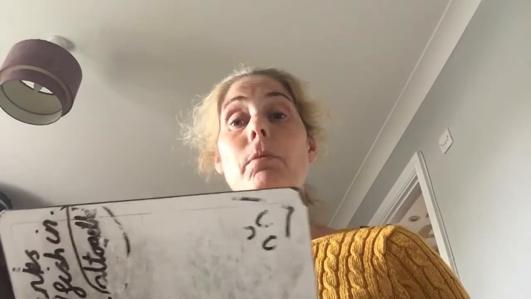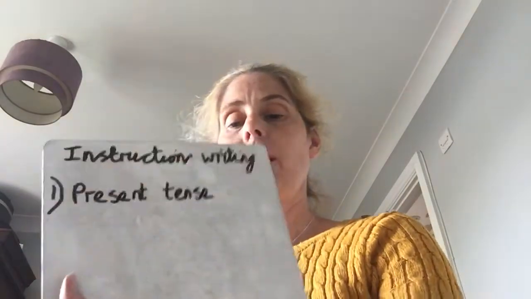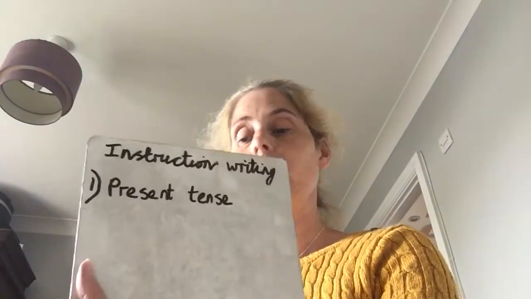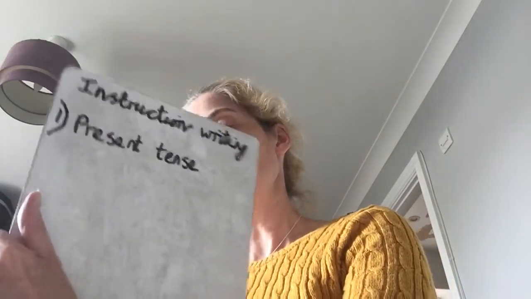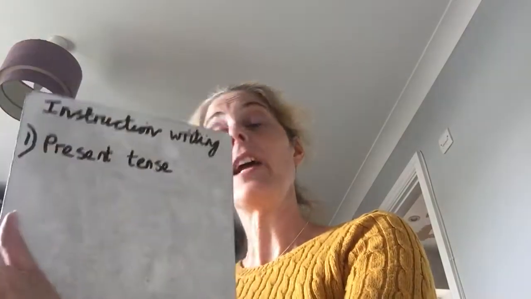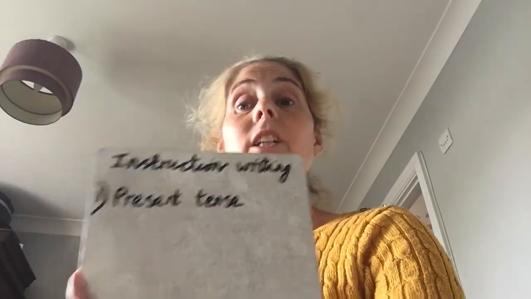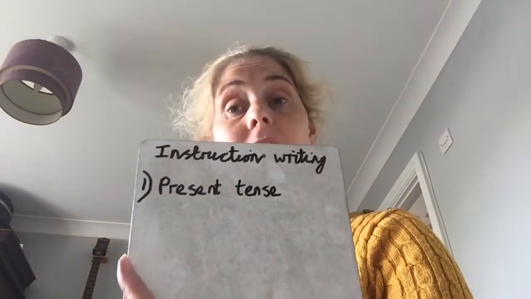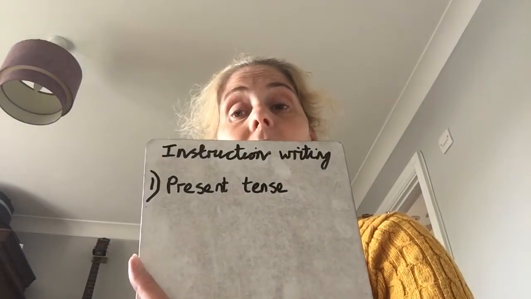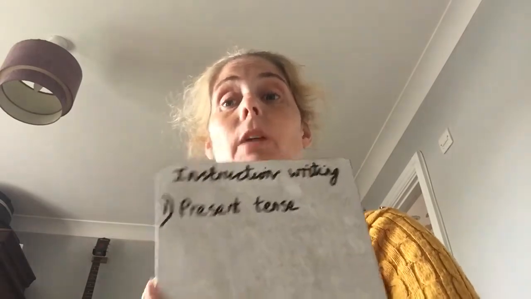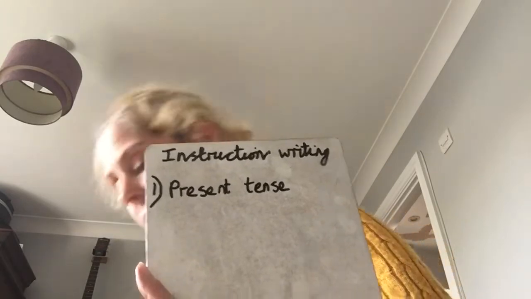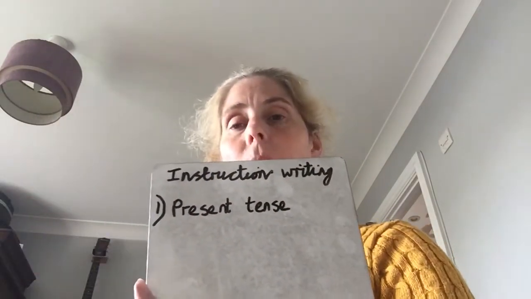So we write it as if it is happening right now. You write it as if it is happening now, because when people are following instructions, they are doing it there and then. So for them it is present. They're not going to be building it. They're following those instructions at the time of building or at the time of cooking. So it's always in the present tense. We're not doing the past.